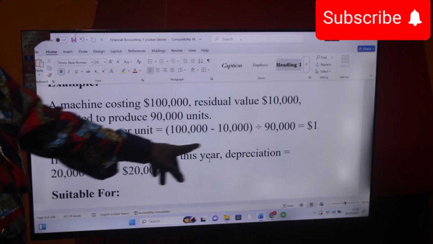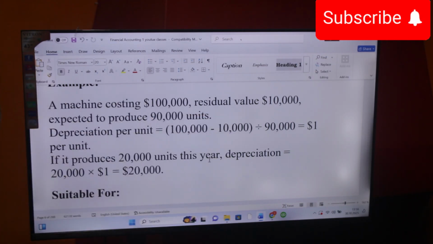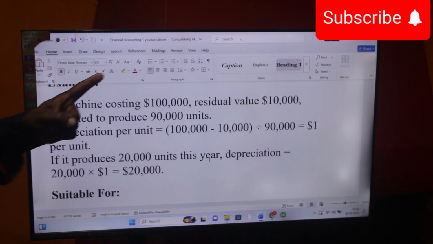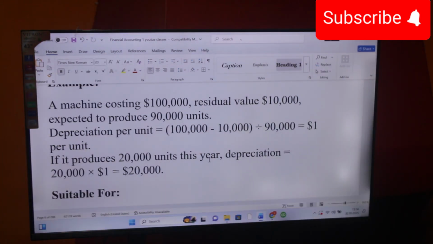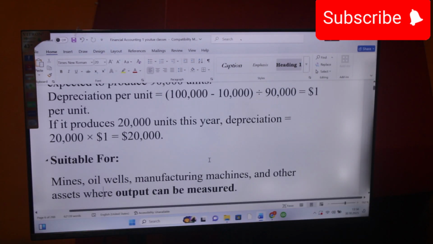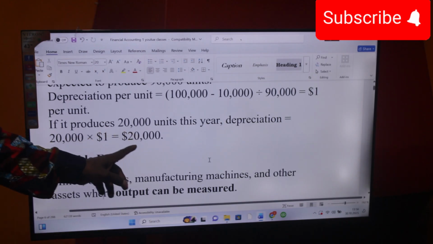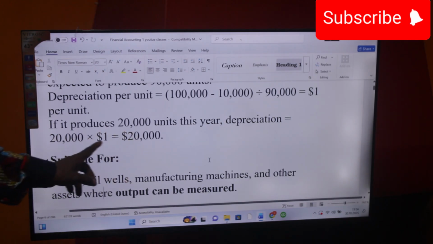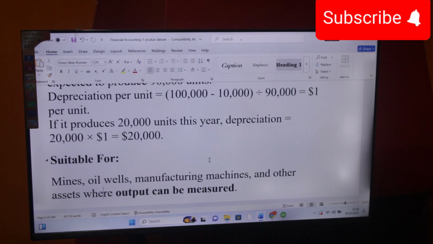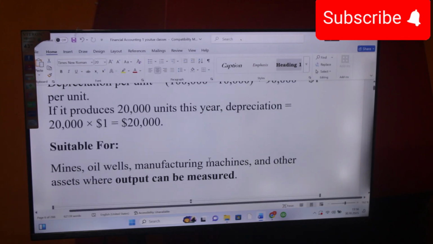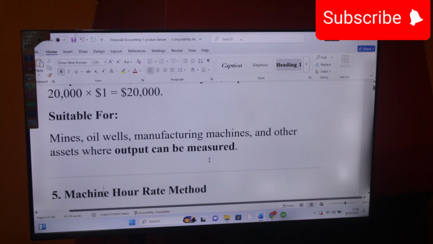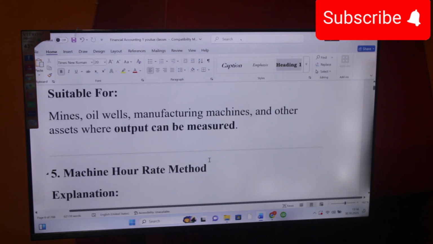You divide it by the units you are going to produce, 90,000, and therefore for every unit you produce, you are losing one US dollar. If you produce 20,000, you will depreciate 20,000 times $1 to get $20,000 as the depreciation charge. This is suitable for mines, oil wells, manufacturing machines, and other assets where output can be measured.